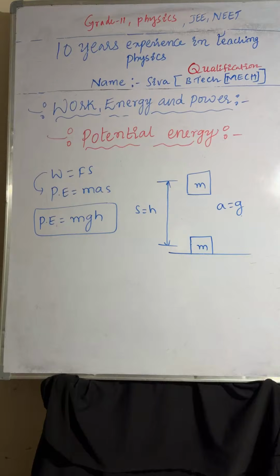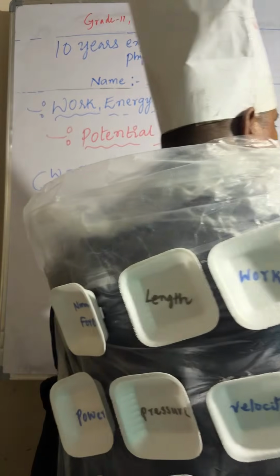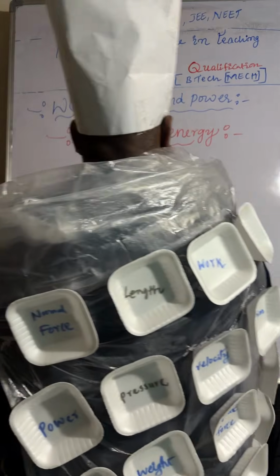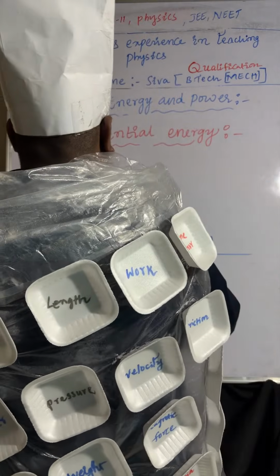Next one, power. The rate of doing work is called power. So P equals W by T. Power equals rate of doing work.